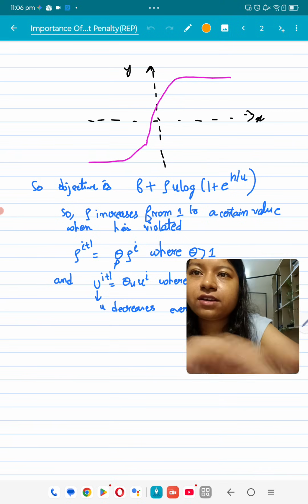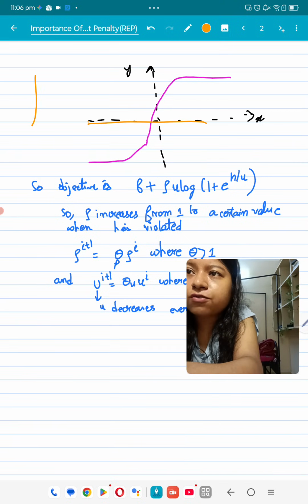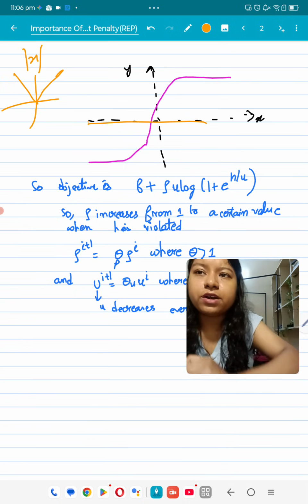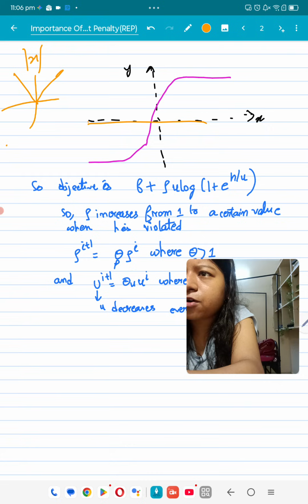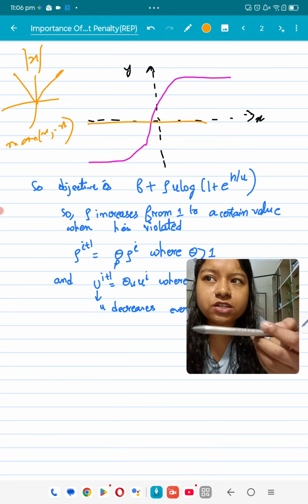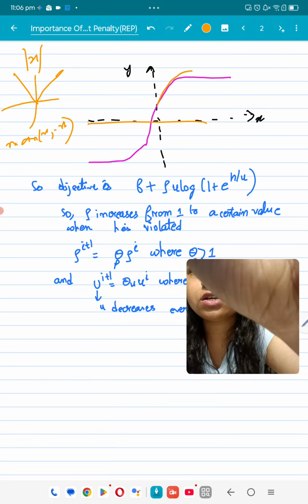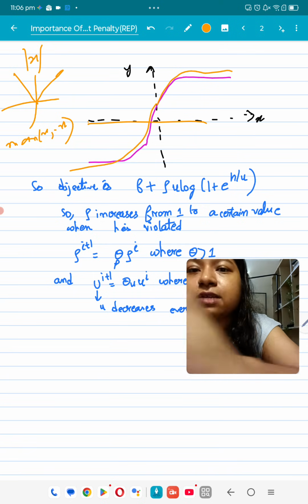I have written it graphically. Graphically we can see that instead of the non-differentiable max operator, this is the graph of max of x comma minus x. Instead of the non-smooth max of x comma minus x, we converted it into a very smoothly differentiable sigmoid function.